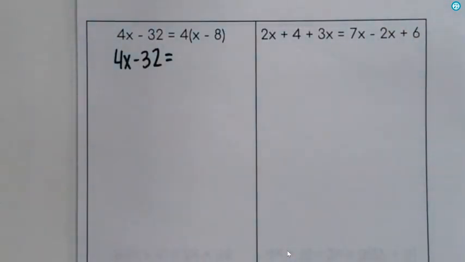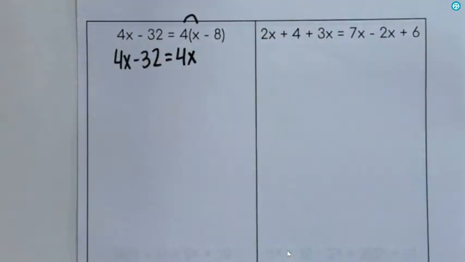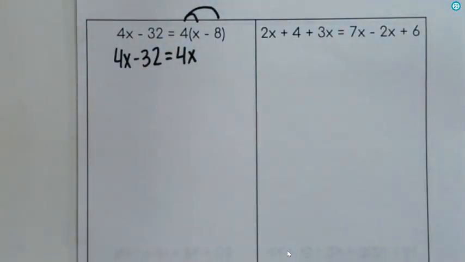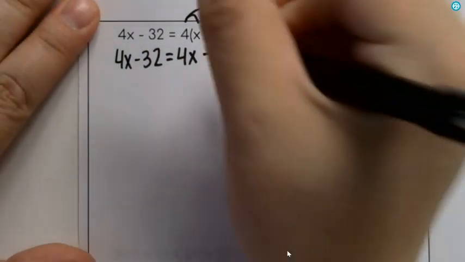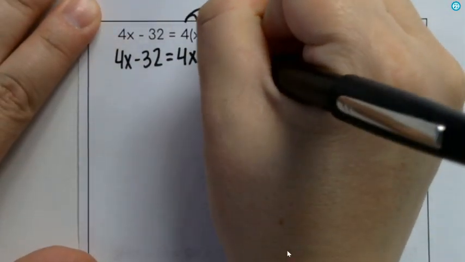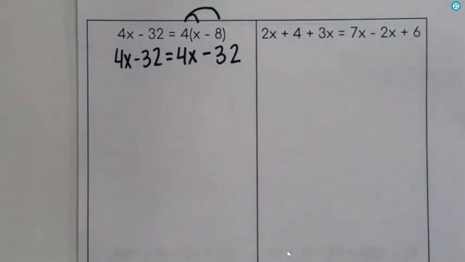On the right side of the equation, we need to distribute. 4 times x is 4x. 4 times negative 8: first of all, a positive times a negative is going to be negative, and then 4 times 8 is 32. So this one turns into just like the quick write, where we've got the exact same thing on both sides of our equation now.